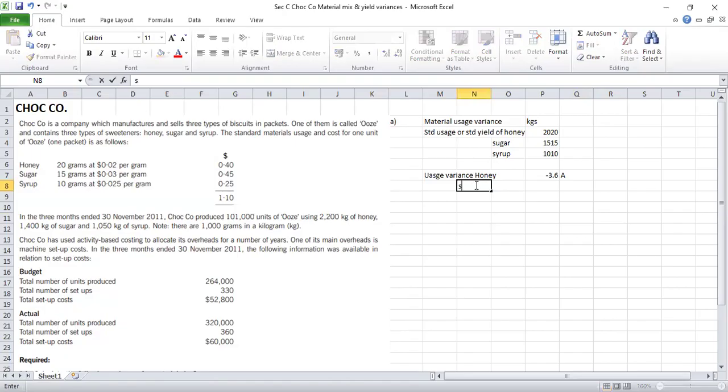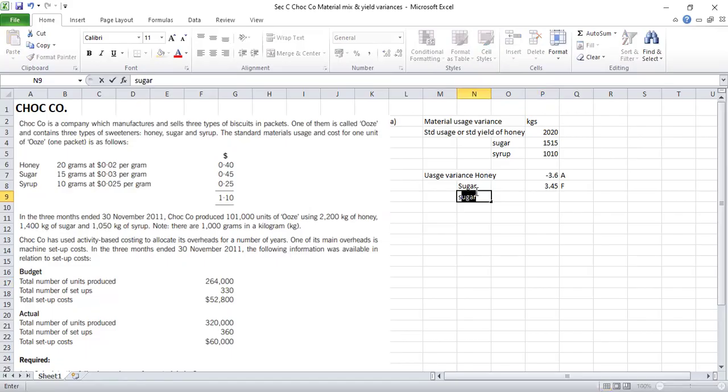Now we will calculate usage variance of sugar, which is equal to standard usage 15 minus actual usage of sugar 1400. Actual usage is less than the standard, into standard price per kg 0.03. So 3.45 is favorable because actual usage is less than the standard usage.